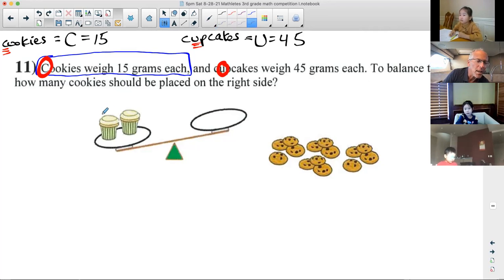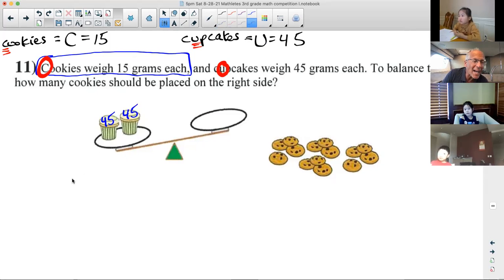Well, can I write 45 in the middle of the two cupcakes? Where would you like me to write the 45? On the cupcake. Oh, because each cupcake weighs 45.